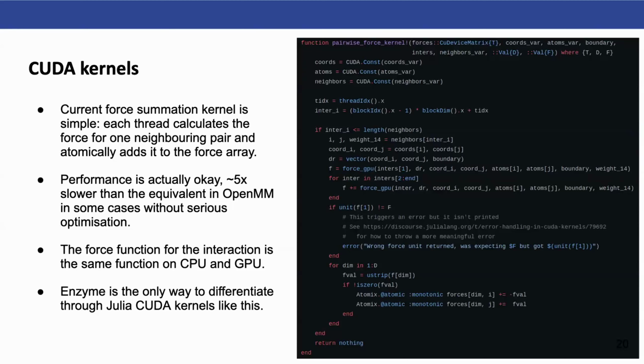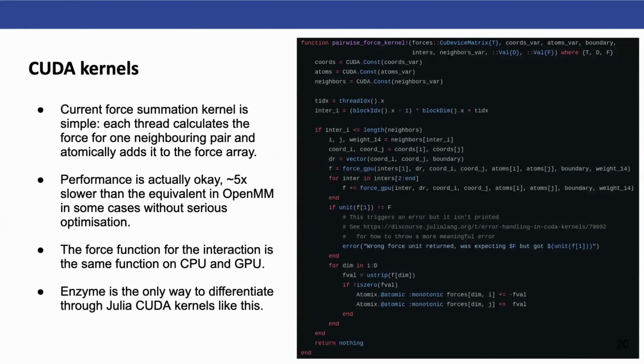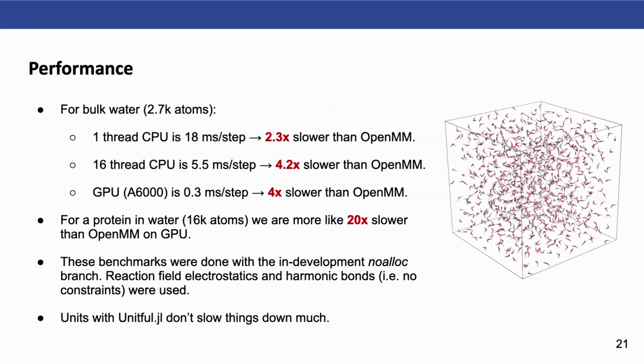From the user perspective, the key point is that the interaction function, the one I showed on the previous slide, this force function here, is the same whether you decide to run it on CPU or GPU. Enzyme, which is this great package for automatic differentiation, is, to my knowledge, the only way to differentiate through CUDA kernels like this, and it works nicely. Well, most of the time.